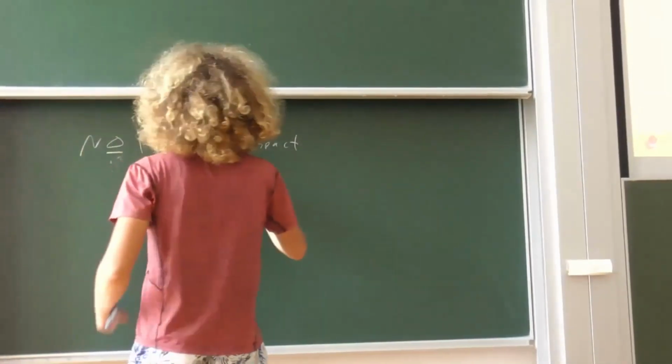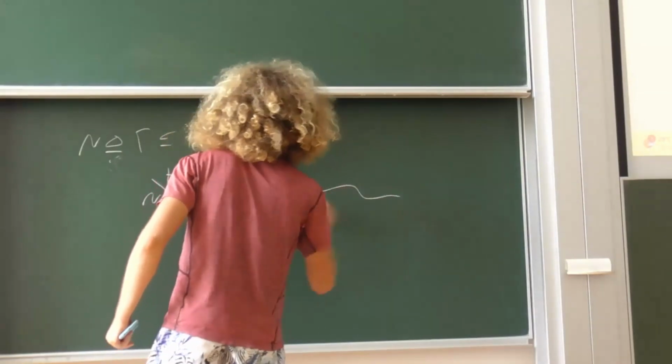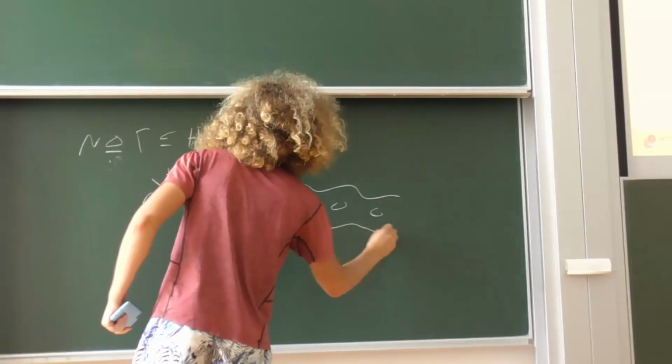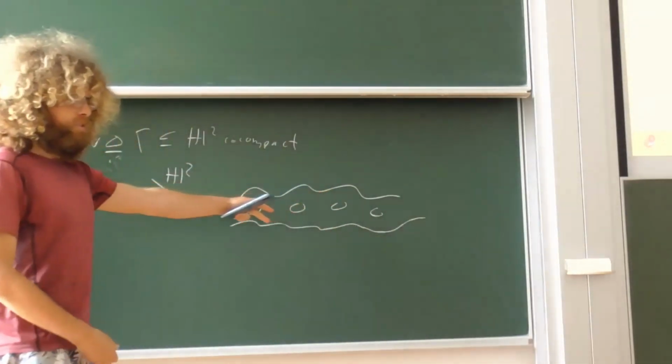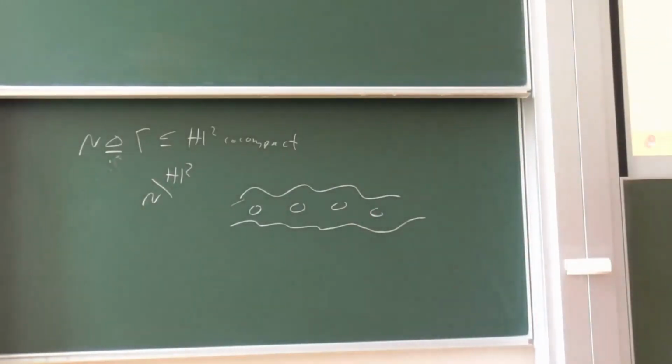For example, if Gamma mod N is Z, you have this infinite surface, the Z cover, which is sort of like the cylinder, and it has bounded injectivity radius.